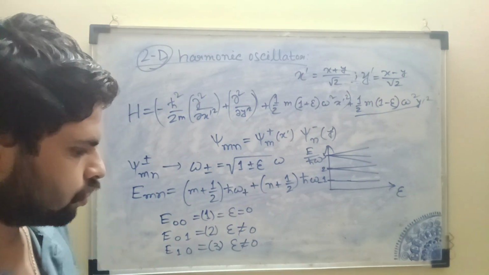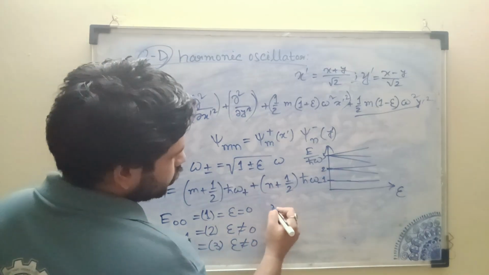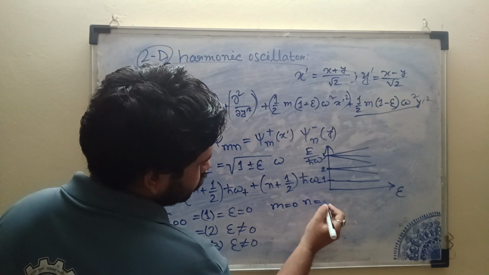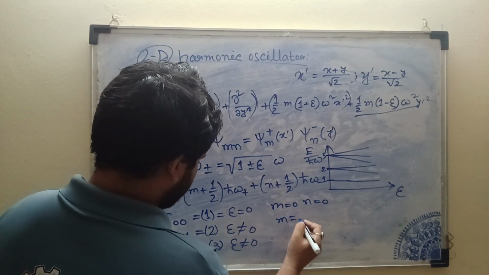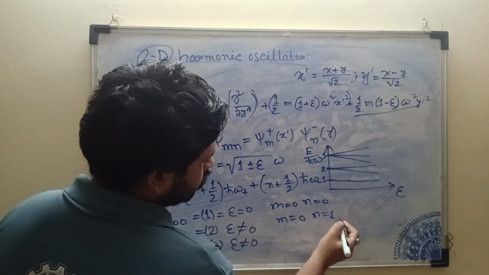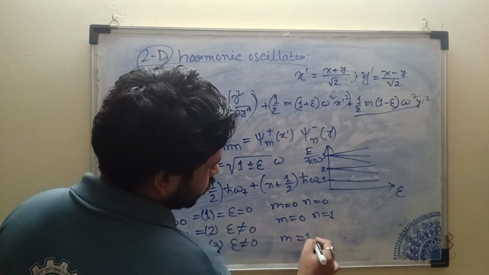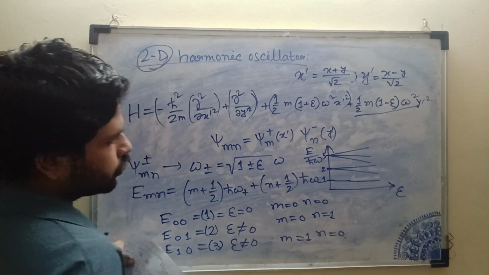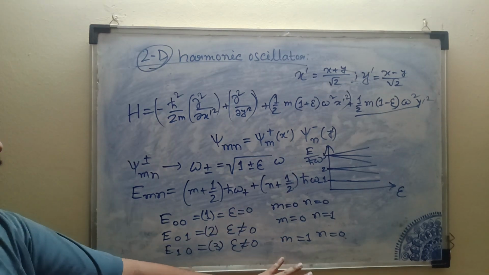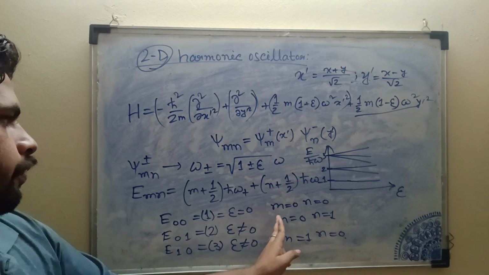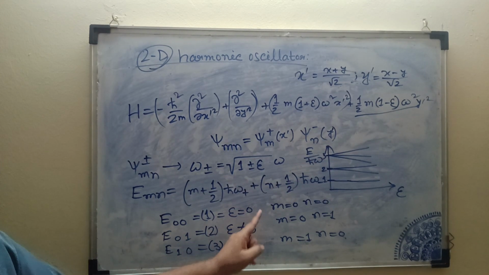So here m equal to 0, n equal to 0; m equal to 0, n equal to 1; m equal to 1, n equal to 0. These are the plots of the corresponding energies.